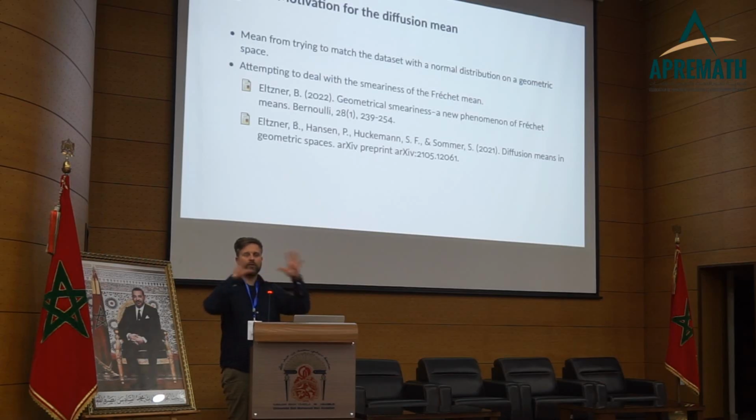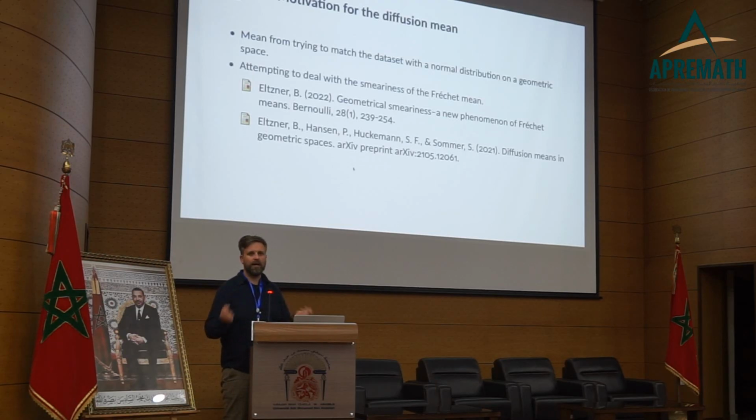So if you have some probability distribution with a certain mean and you take samples of them, you want that as you calculate the mean of those samples and let the number of samples go to infinity, you approach the true mean of the random variable. And it turns out that with the Frechet mean, you have a problem with what's called smeariness, which essentially means that it's converging to this true mean a bit slowly.